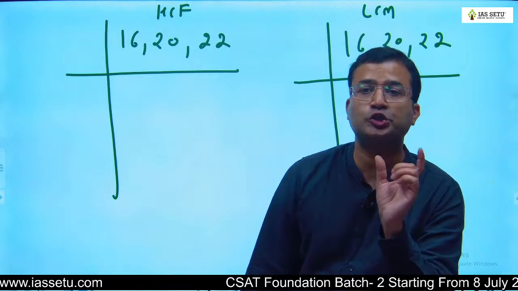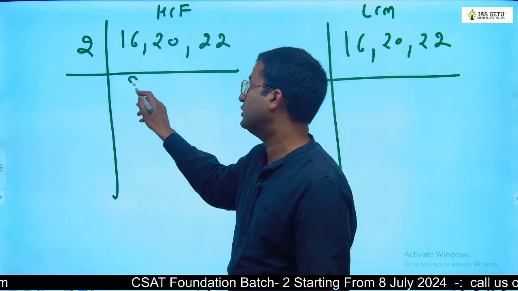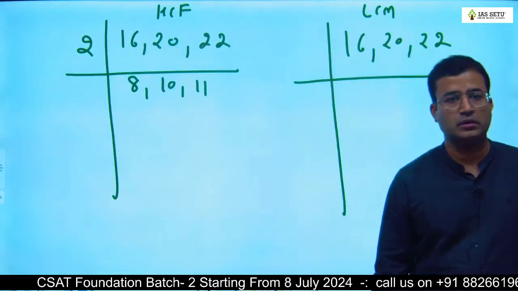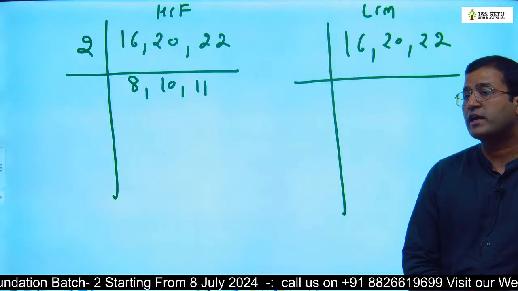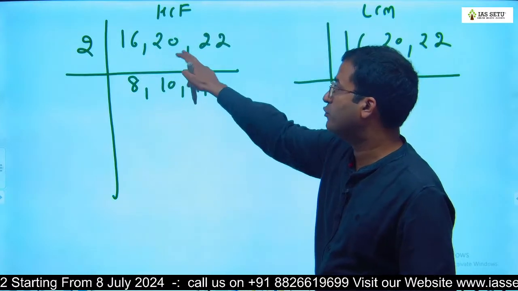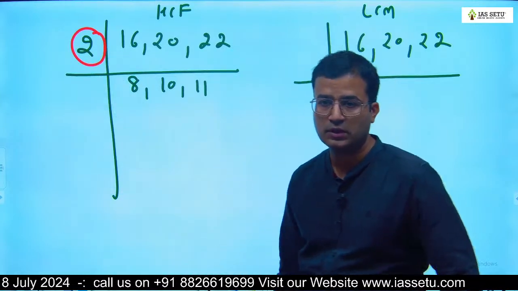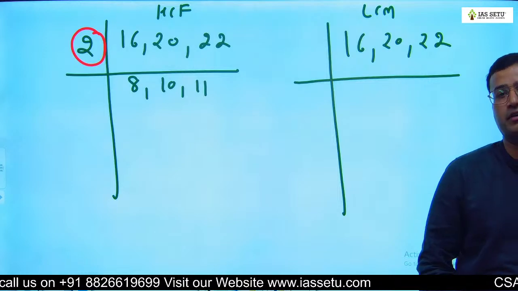HCF is, it should be common from all the numbers. Like we have 2 common here. Is 8. Then you stop. For HCF, if you are not getting common from all the numbers, you stop. So what is HCF? This is it. HCF is only one step. Should be common from all the given numbers.